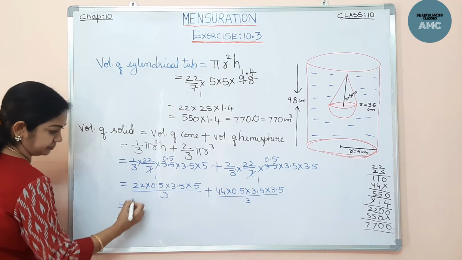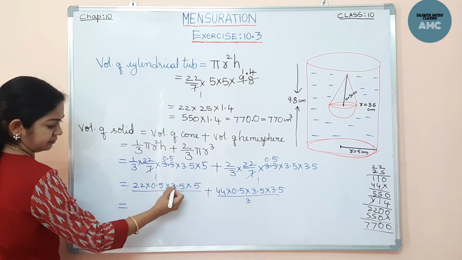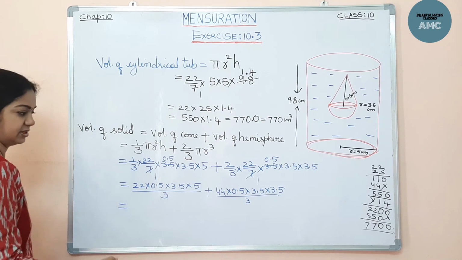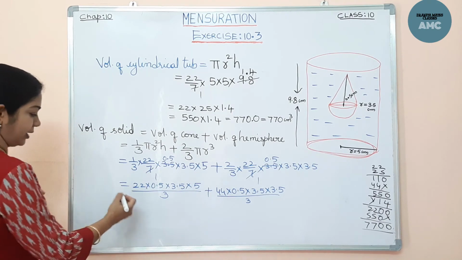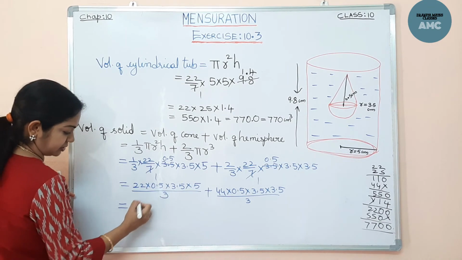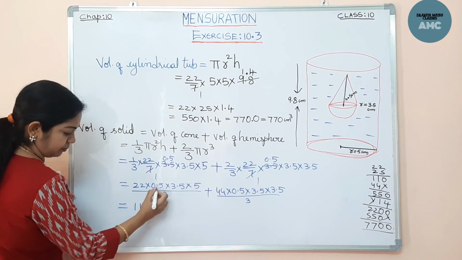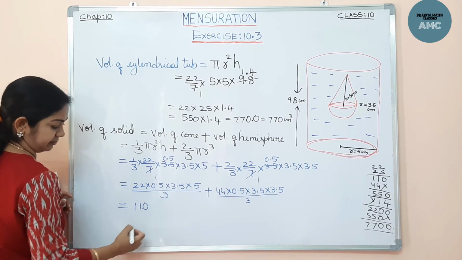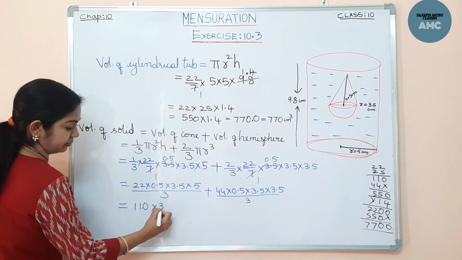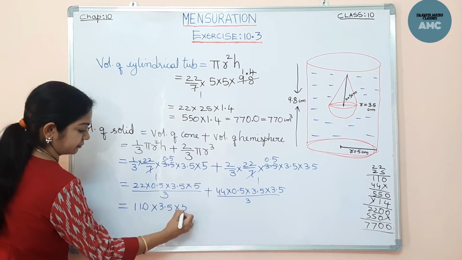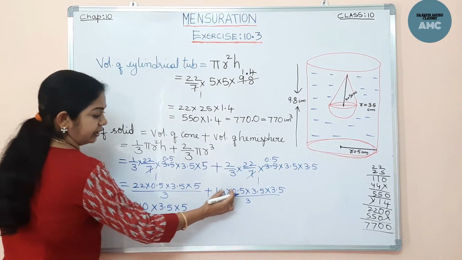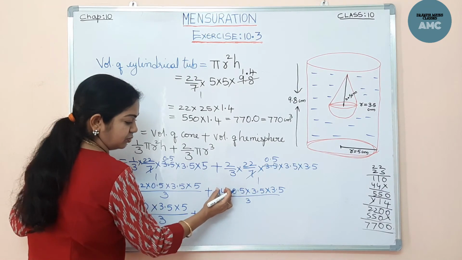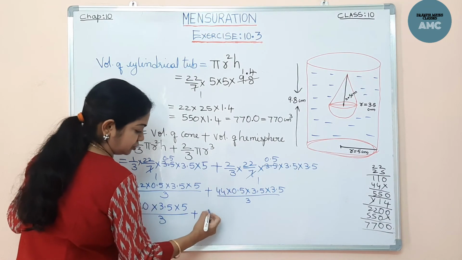Now here, if you multiply, we will be doing the simplifications in this rough part. 22 into 0.5, this comes to 110. 5 2s are 10, 110. So point here means, that means 11 into 3.5 into 5 by 3, plus here 22 into 0.5, this comes to 220.